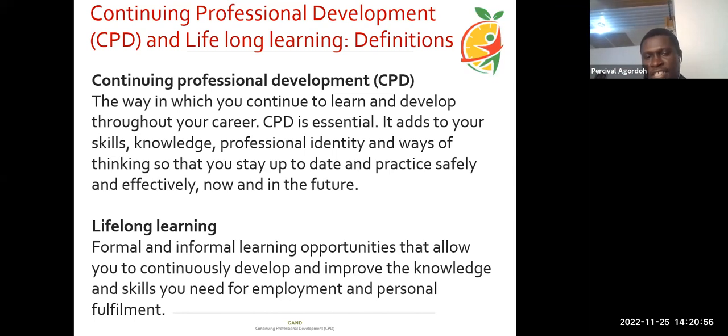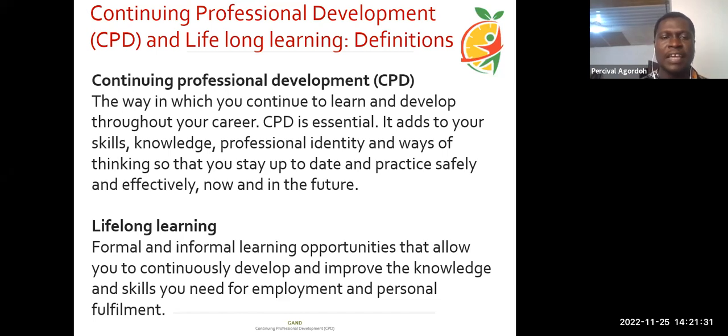And the literature suggests that it is essential and it adds to our skills, our knowledge, our identity, and also allows us to determine the ways in which we can think so that we can stay up to date and provide safe and effective practice for our clients and ourselves, presently and in the future. We need to practice safely so that we don't get into unnecessary legal tussles. Now, CPD is the idea to ensure that is happening.